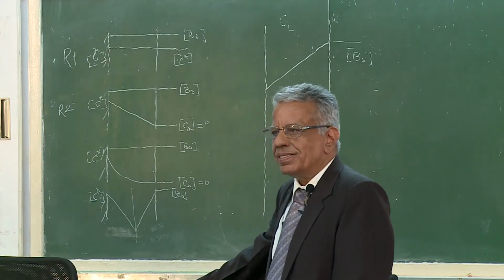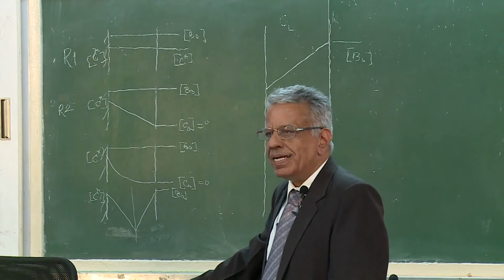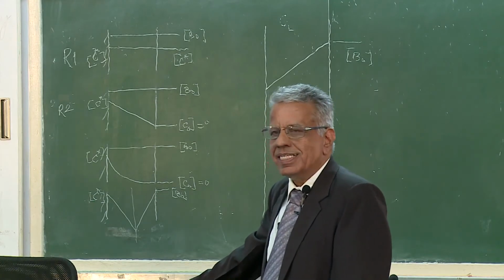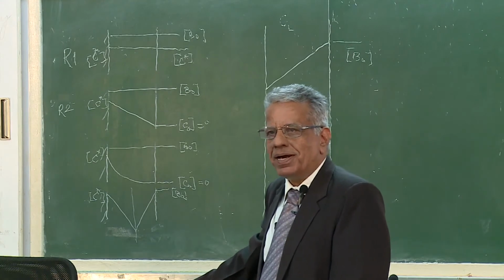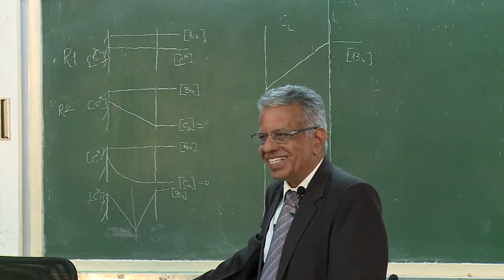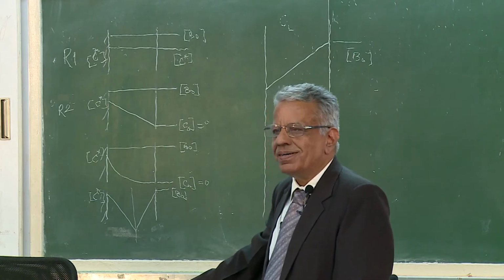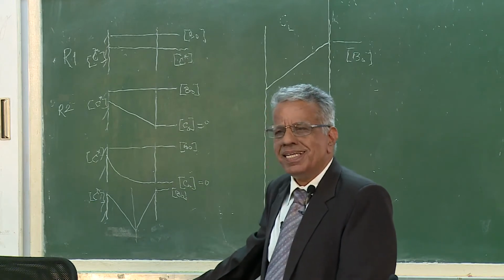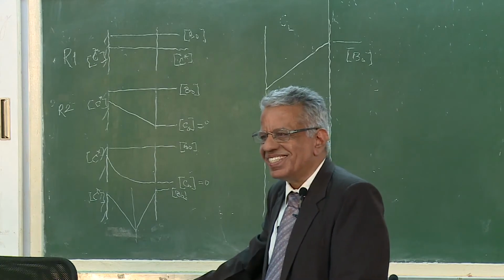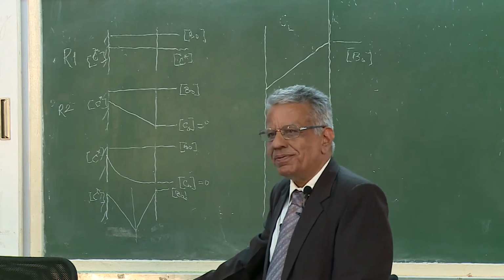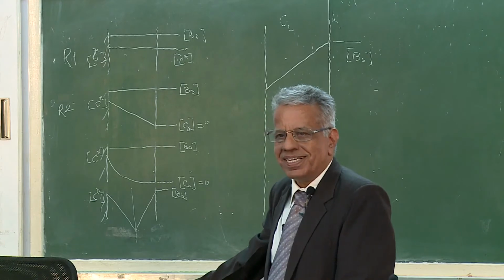So when there is sparing solubility, when C star has a lower value, then only is there a possibility of B naught coming to C star and reaction occurring. But these are qualitative statements. Can we write an equation? 10 times, but 10 times more than what?